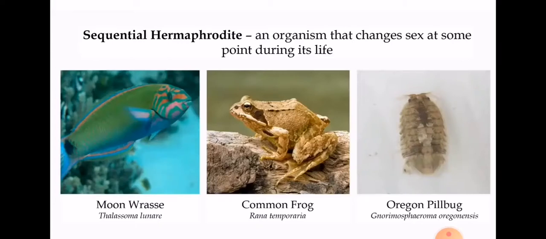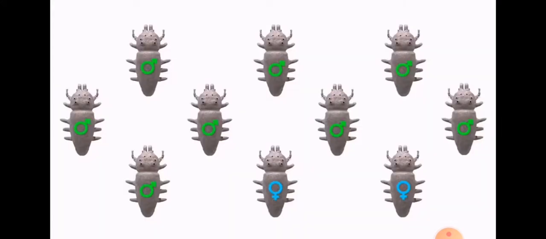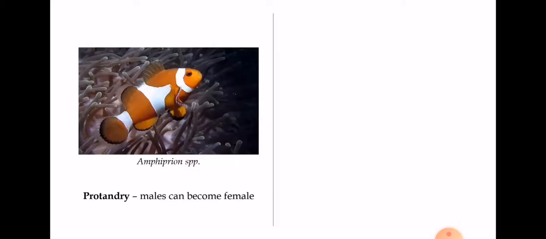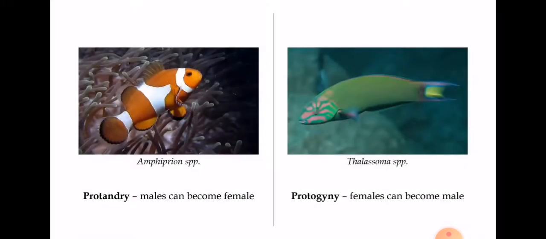However, in the osteopods, there's the confounding factor of sequential hermaphroditism. The earliest ancestors of the osteopods were capable of changing sex during their life cycle, which many modern clades may retain. But exactly how their hermaphroditism operates will vary based on their life history strategy. Sequential hermaphrodites can be either protandrous, capable of changing from male to female, or protogynous, changing from female to male.